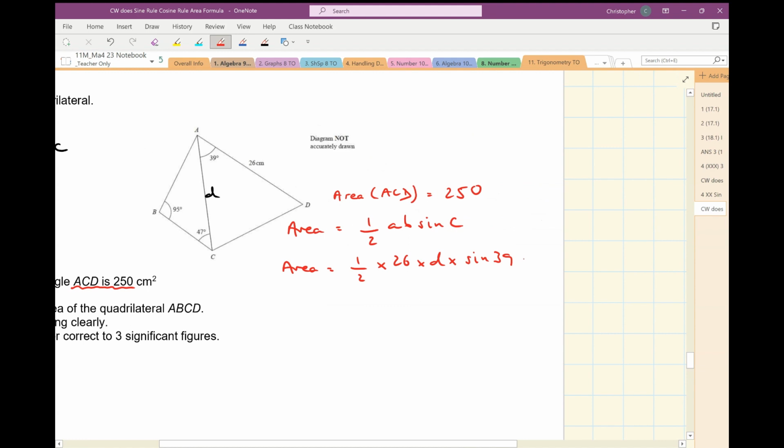And I know that that equals 250. So I've got a little equation here. I've got 13d times sine 39 equals 250. So that tells me that d is 250 divided by 13 times sine 39.